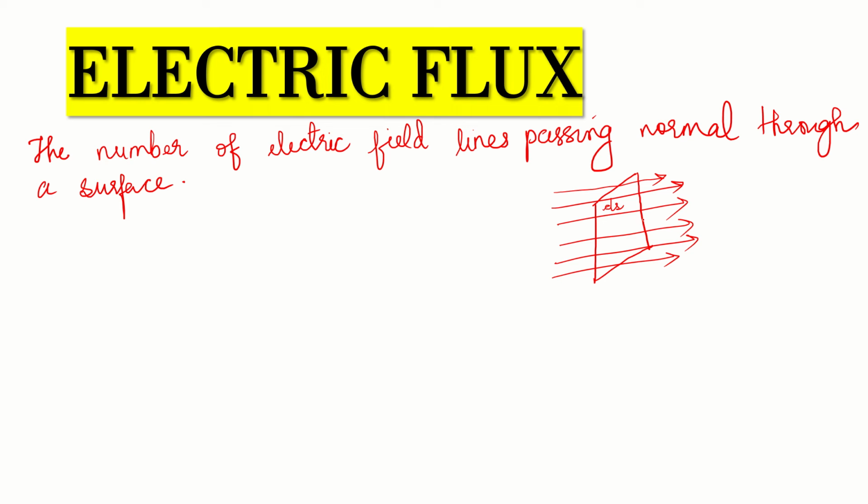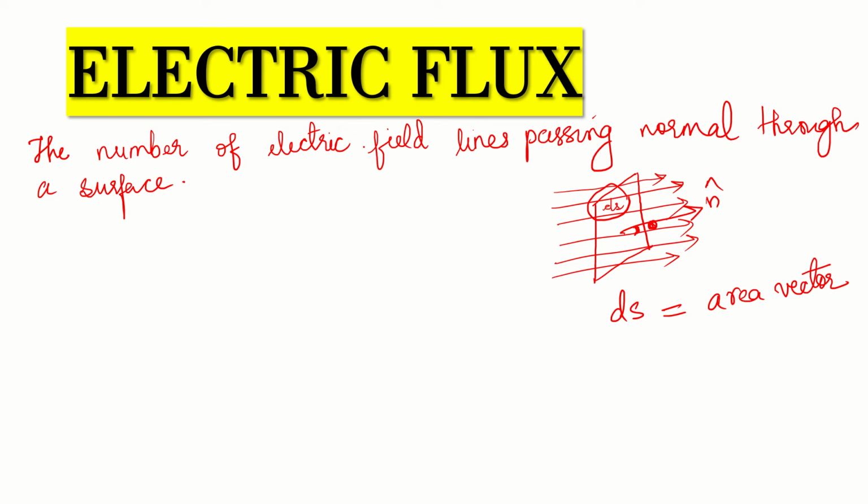From here we will be having a vector n cap, and this angle is theta. Here this is dS, and dS is the area vector. The area vector is acting normal to the surface.